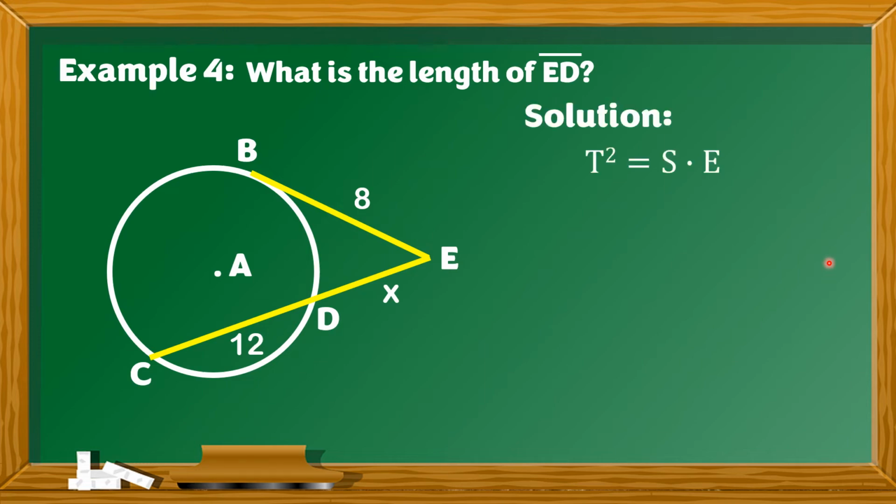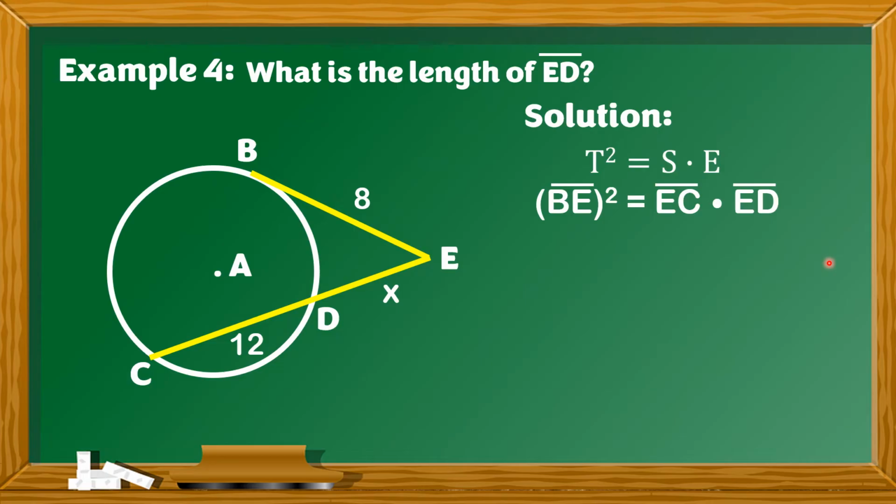For the solution, here we're going to apply the theorem on tangent and secant segments. So we have line segment BE, that is the tangent line. So line segment BE squared is equal to line segment EC times line segment ED. Next, we're going to substitute now the length of the segments in the equation.